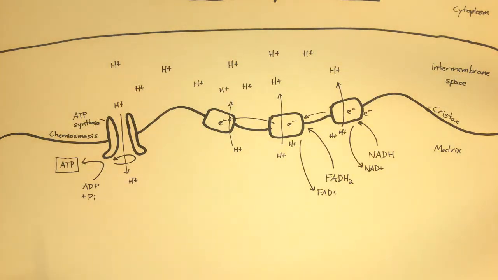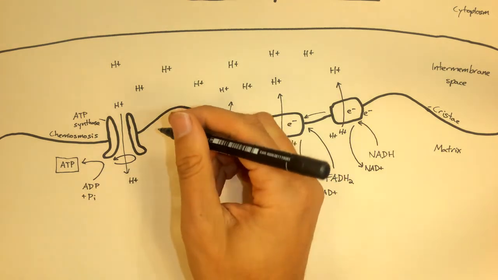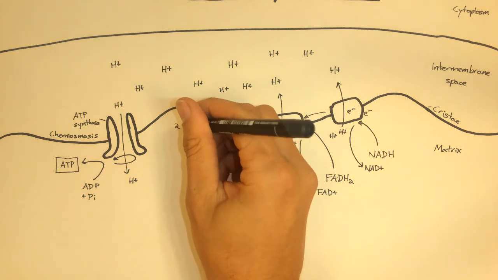Now you may realize that something is missing. What happens to these electrons when they get to the end of the electron transport chain? Well, these electrons react with two hydrogen ions.